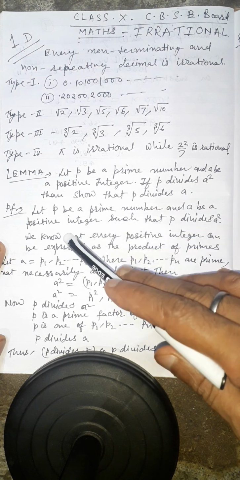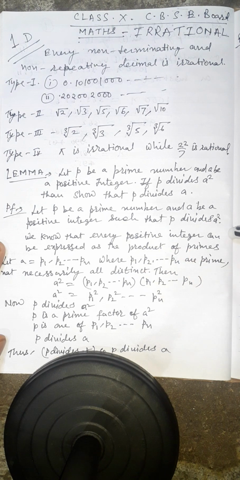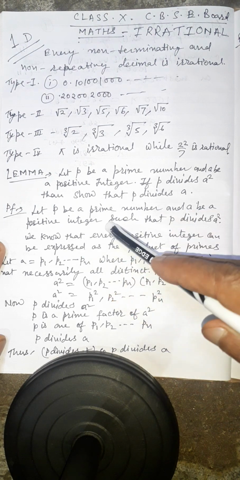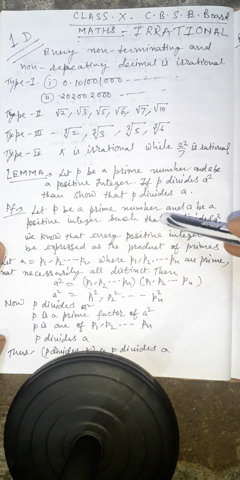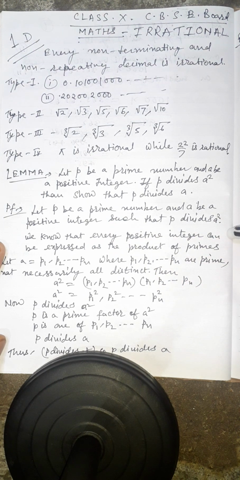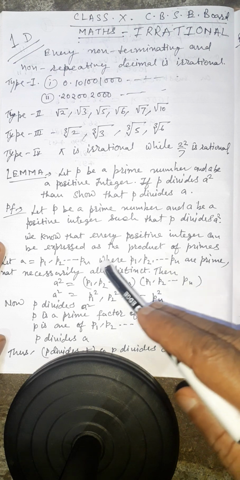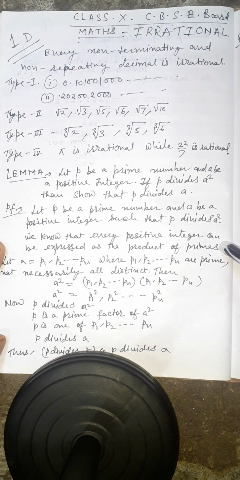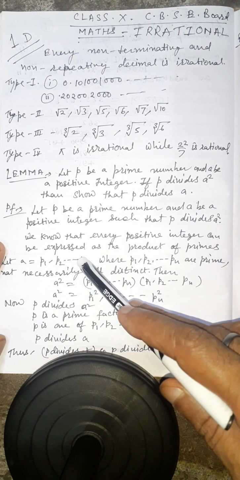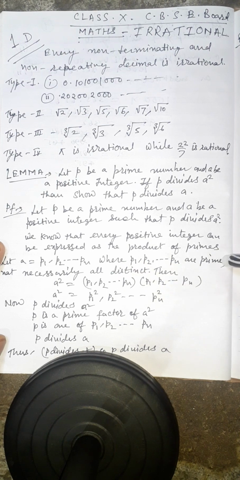Proof: let P be the prime number and A be a positive integer such that P divides A square. We know that every positive integer can be expressed as the product of primes.